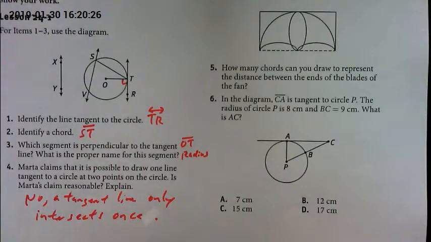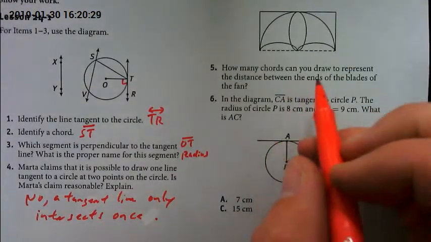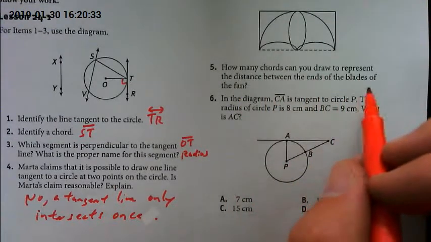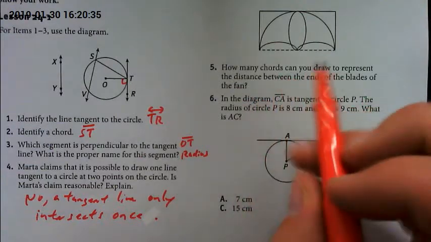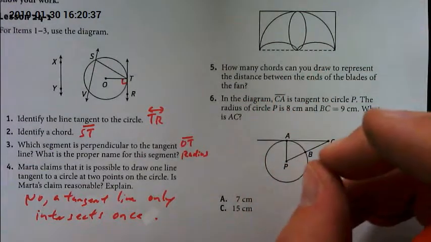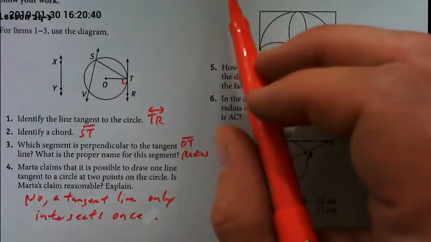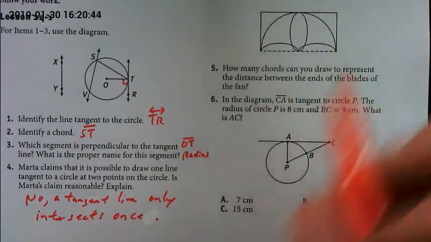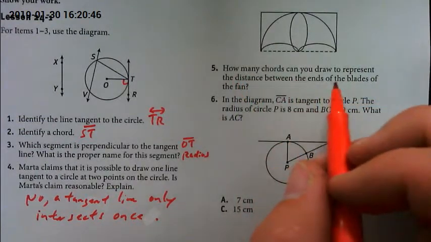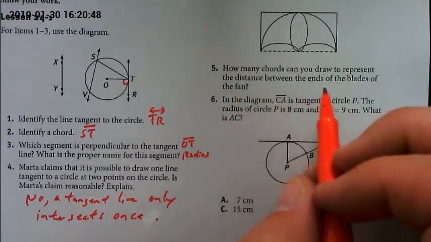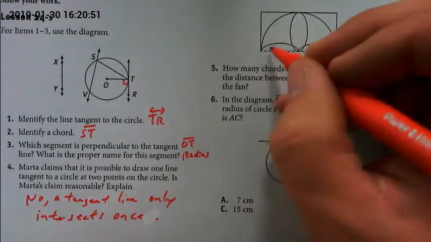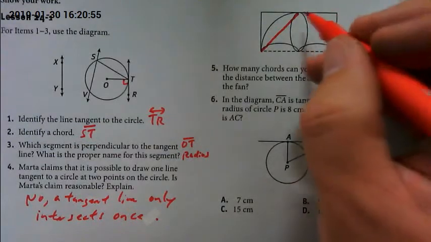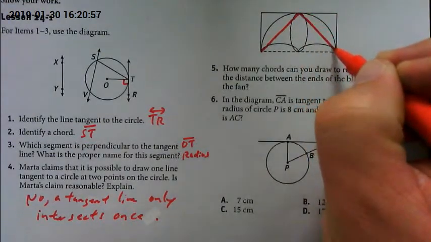All right, so now, on number 5. How many chords can you draw to represent the distance between the ends of the blades of a fan? On here, only the top half of a box fan is shown, right? We have this chord here. We have this chord here.